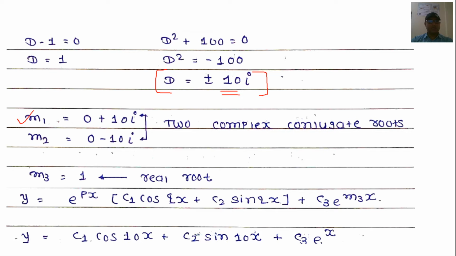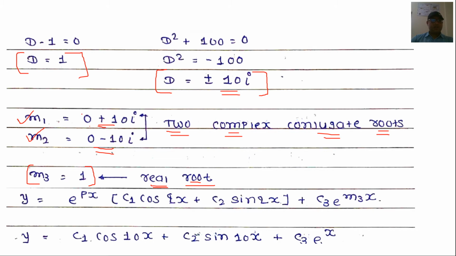Suppose we call them m1 is equal to 0 plus 10i, because the real part is 0, and m2 is equal to 0 minus 10i. So these are the two complex conjugate roots, and suppose this d is equal to 1 is called m3. So m3 is equal to 1, and it is the real root. So this is case number 4.